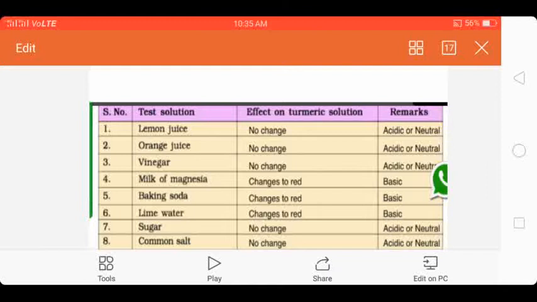Okay, common salt. Common salt is also a neutral substance. When turmeric solution is added into it, there will be no change, and it is neutral. Okay, so that's all about the change in color when turmeric solution is added into these substances.